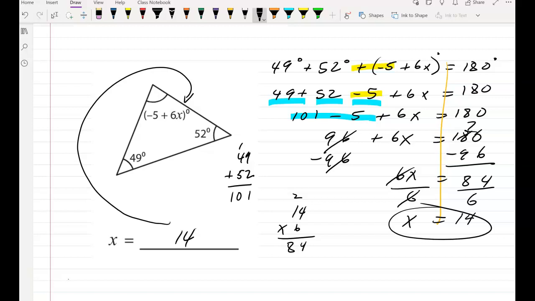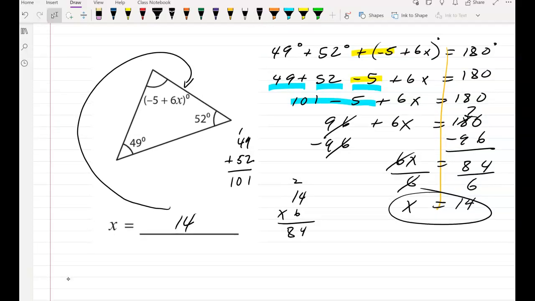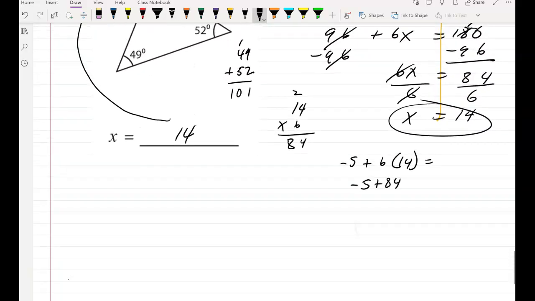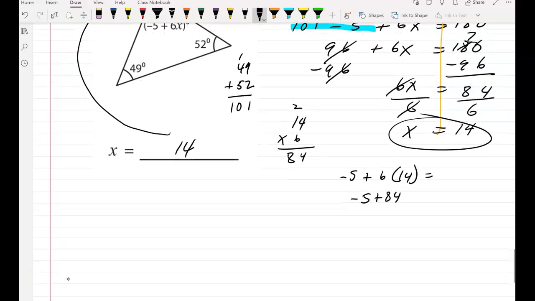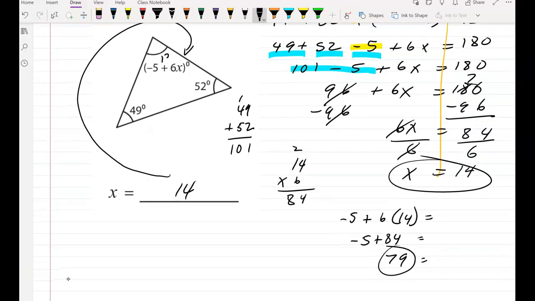So, let's see, negative 5 plus 6 times 14 equals what? 6 times 14 is 84. Negative 5 plus 84 equals 79.